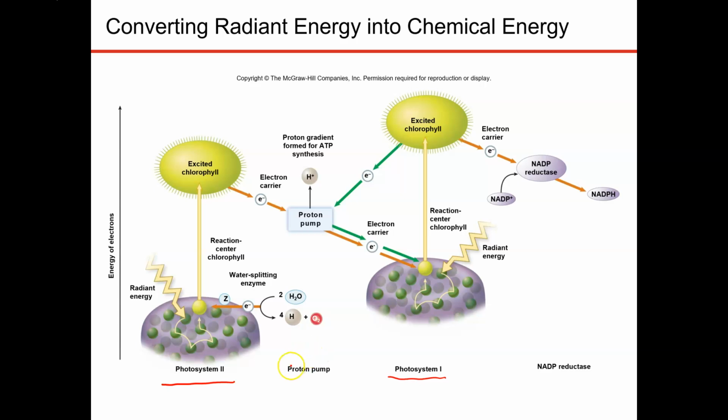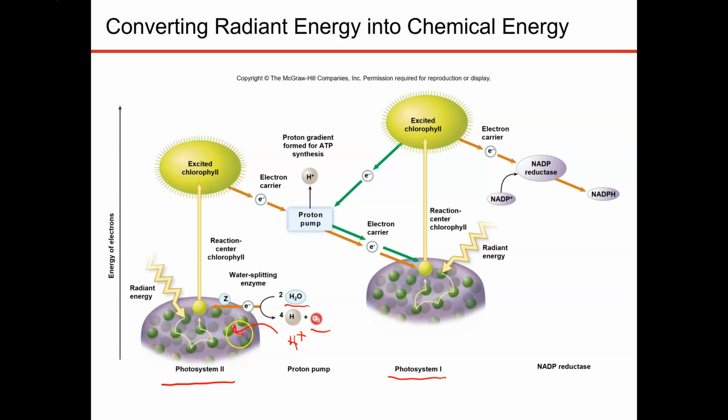In this reaction, we're going to take water and split it, producing hydrogen ions and releasing electrons to move into the photosystem. Oxygen is a waste product of photosynthesis and it is released into the environment.